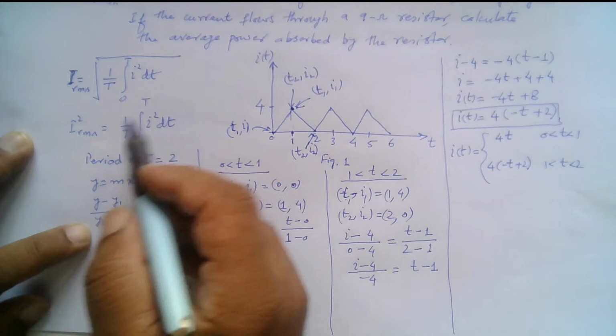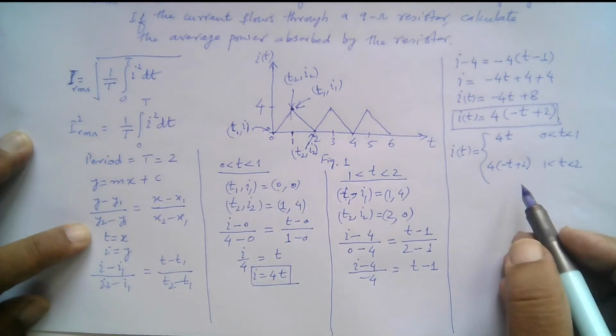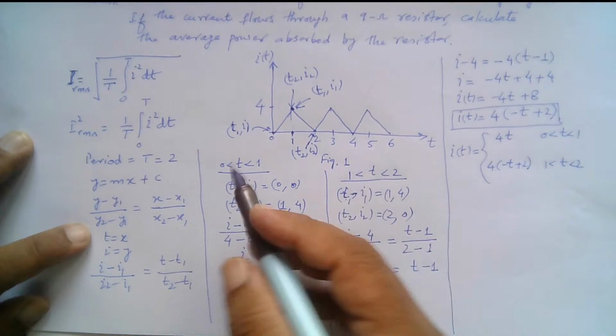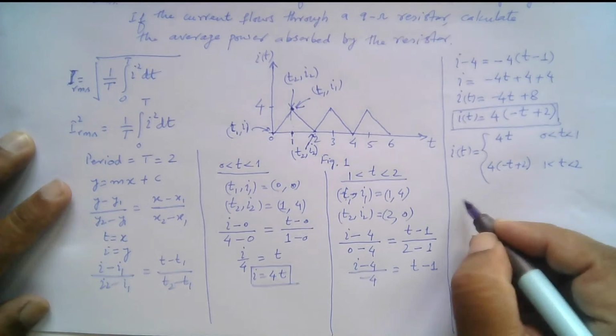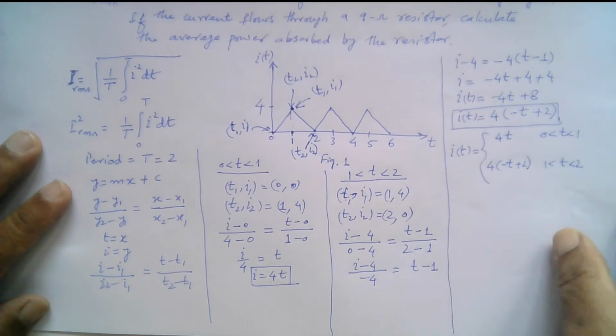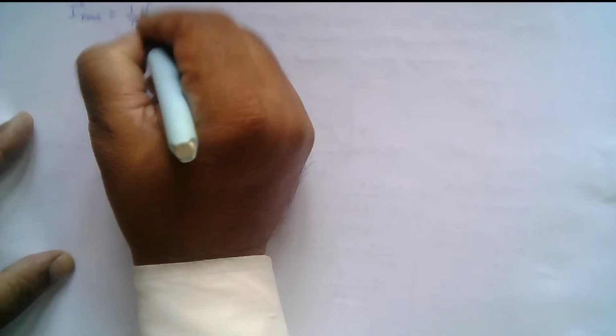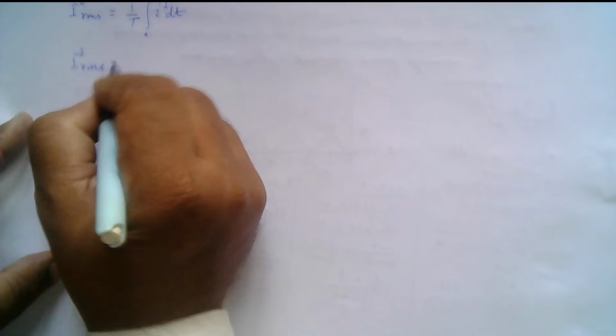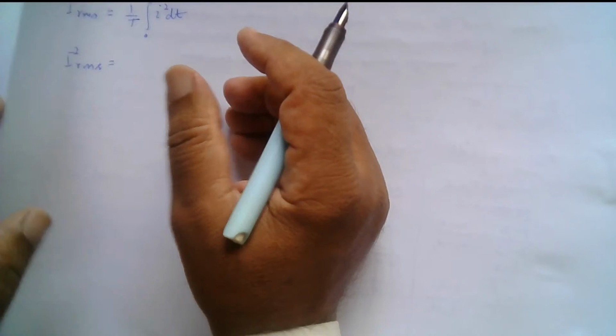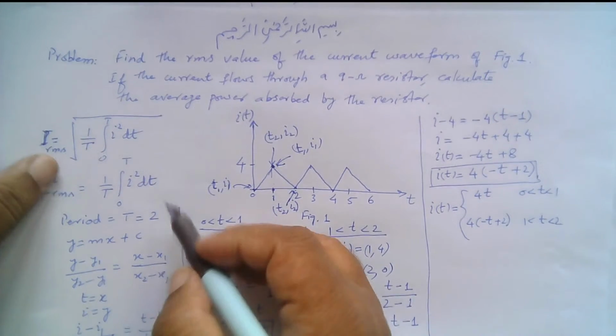We need to substitute this in this formula to find the RMS value of the current. So I squared RMS is equal to 1 over T, integral from 0 to T, of I squared dt, and T here is 2. We have found that T was 2.